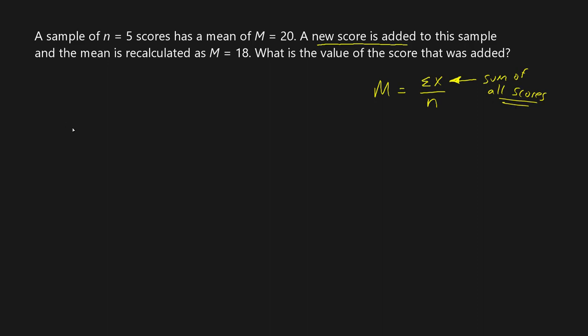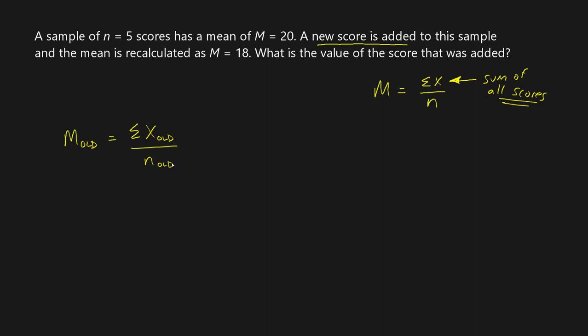Think about it this way. The old mean, before we added that score, was equal to 20, but it was made up of the sum of the old values over the old n. And we know that the old n was equal to how much? It was equal to 5.